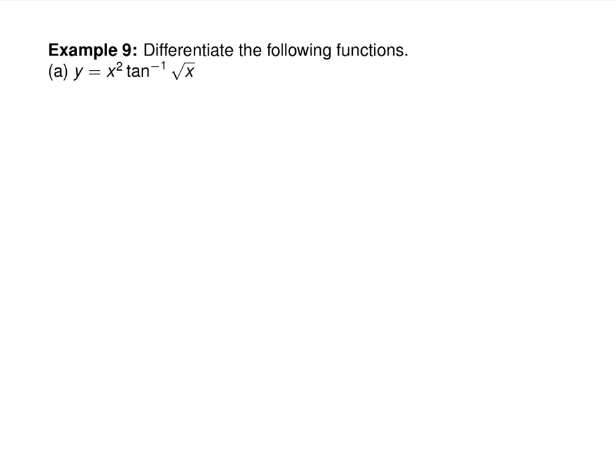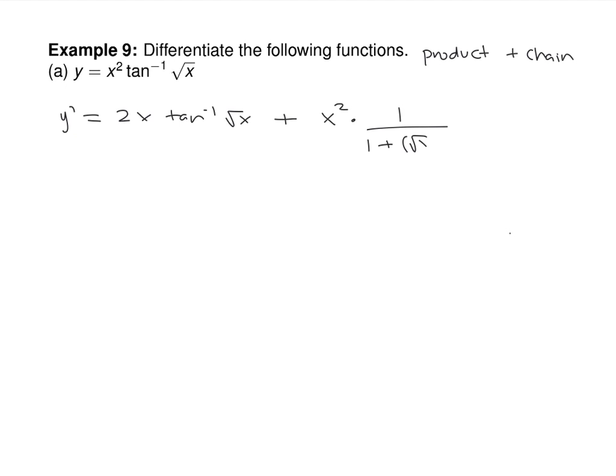Alrighty, what rules is this bad boy going to use? Product and chain. So y prime will be 2x tan inverse of root x plus x squared times 1 over 1 plus root x squared.